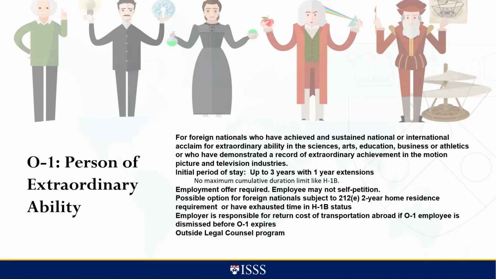If this person is highly achieving, especially in the academic world, then O1 may be an option, because O1 is for foreign nationals who sustain national or international acclaim in science, art, education, business, or athletics, and demonstrate an extraordinary achievement.